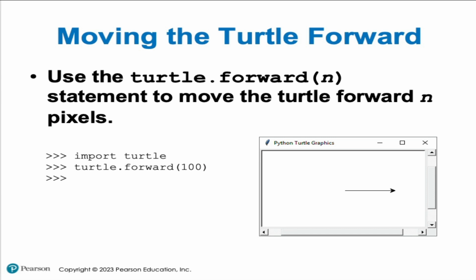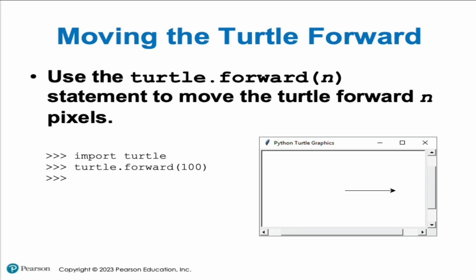Now then, several things you can do. One of the simplest things is you can make the turtle move forward, and the syntax of that is turtle.forward and then an argument n, which is the number of pixels. So turtle is the object, forward is the method we're calling, and n, like I said, is the argument.